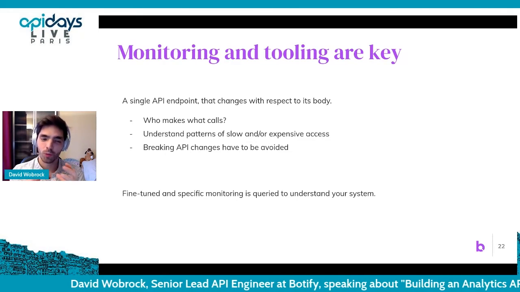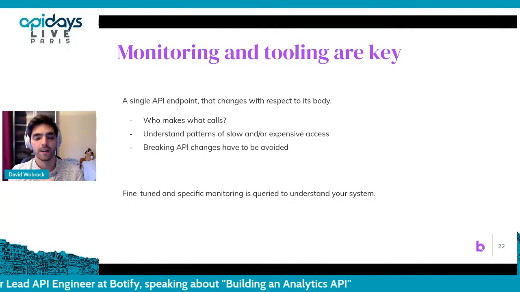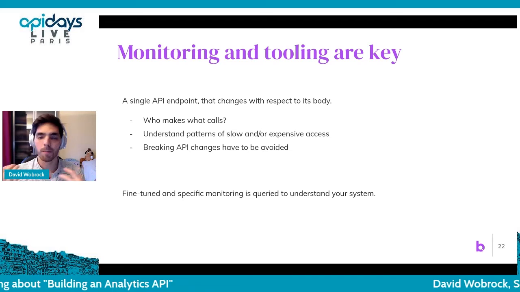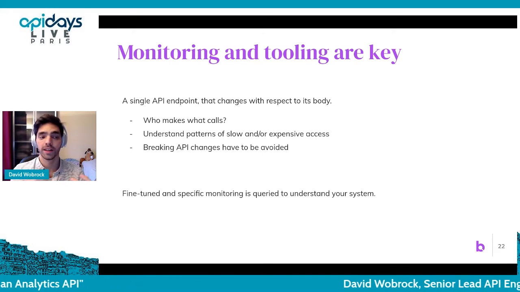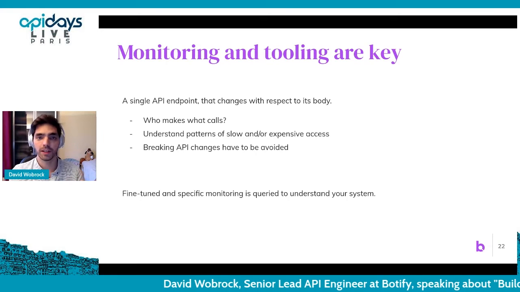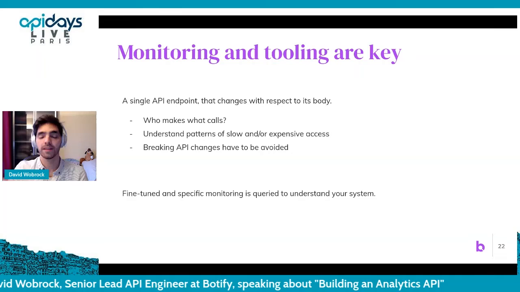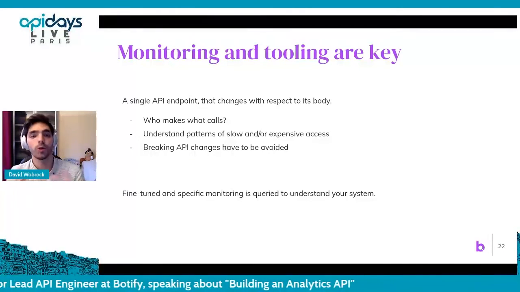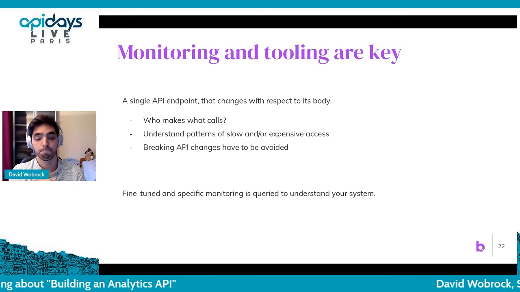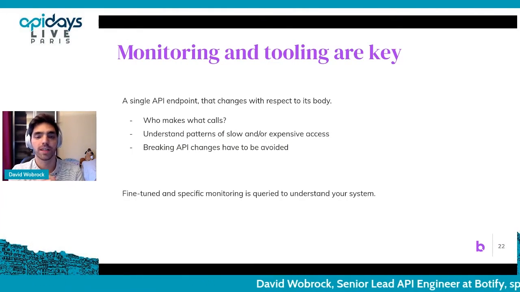It's very important to understand what are the slow accesses, what are the expensive accesses, who is making these calls by combining which fields of your analytical data. Since you have this variety of backends that can be queried, it's very important to know exactly where the time is spent, what made us spend time there, since there is a choice logic that needs to be monitored. And so that's very important to have a fine-tuned monitoring on these types of things.